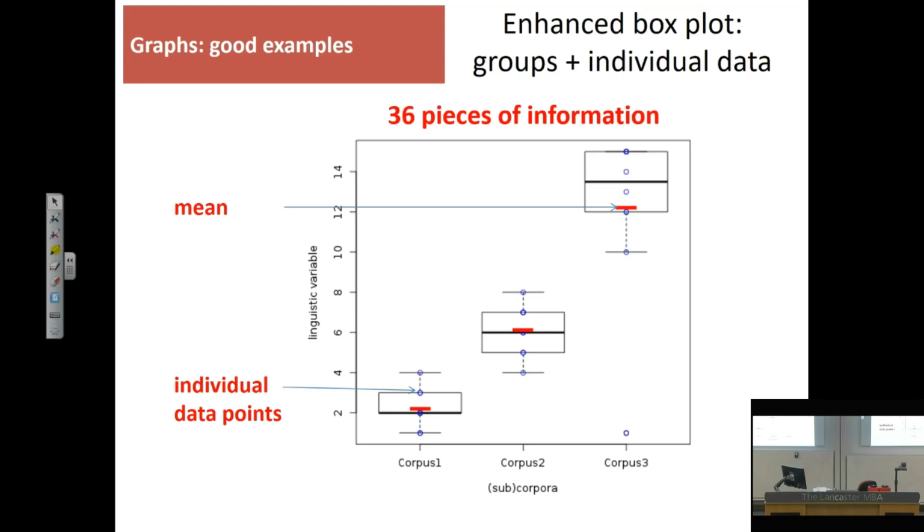Right? So we have both the median and the mean in the graph. So when we count this, we get something like 36 pieces of information as opposed to 3 pieces of information in the bar chart. So in a way, when we think about the competition for this space, this is a clear winner.